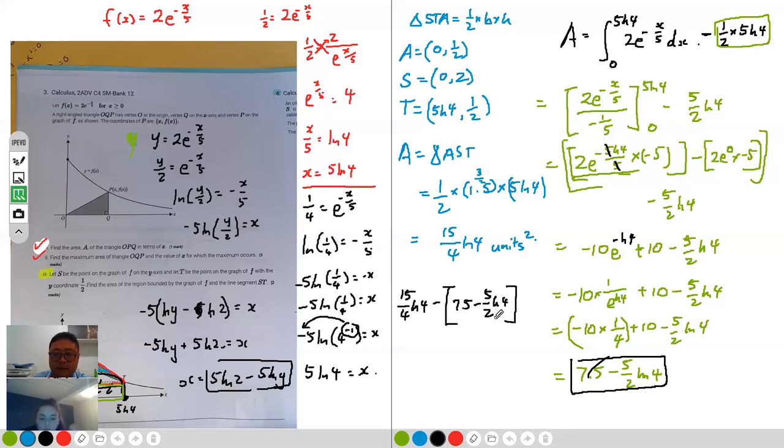And when we work that out, I think that'll be 10 on 4. It'd be, whoops, 15 on 4 ln 4 plus 10 on 4 ln 4 minus 7.5, which I think is 25 on 4 ln 4 minus 7.5.